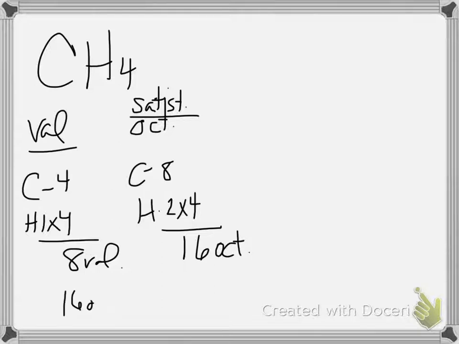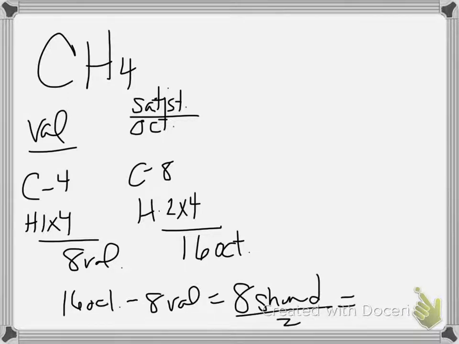They want 16. They have 8. They're going to have to share 8 electrons. Divided by 2 tells us we have 4 bonds.